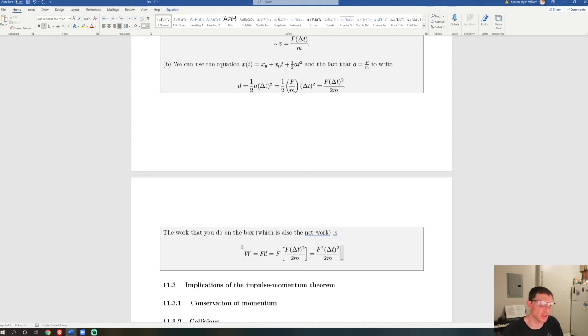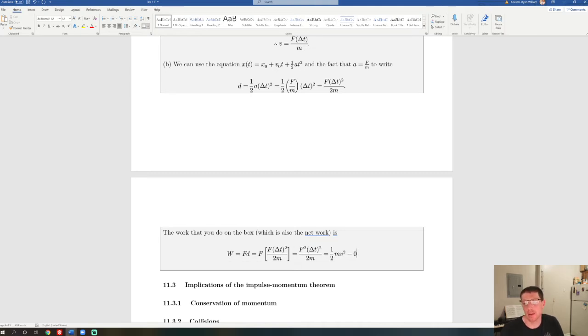And remember that this is from the work energy theorem, right? This is the change in kinetic energy, and if it starts at rest, we just have that the change in kinetic energy is equal to the final kinetic energy, which is 1/2 mv squared. So I'm just going to put minus 0 here.